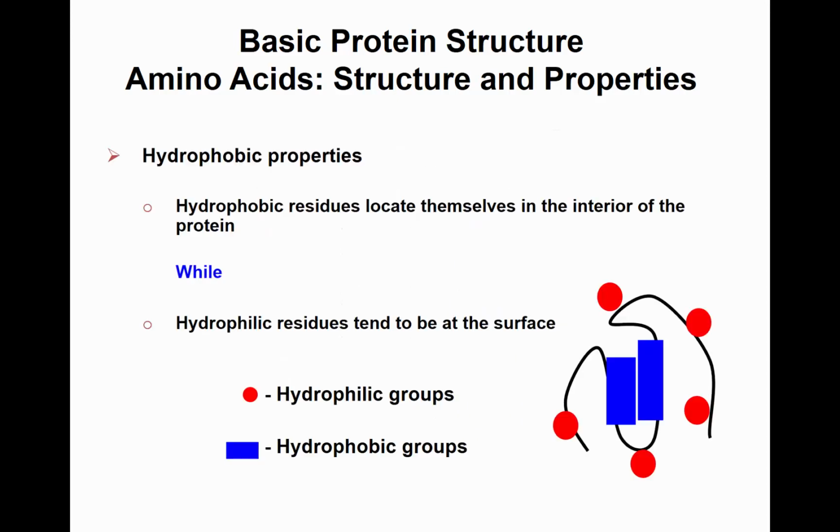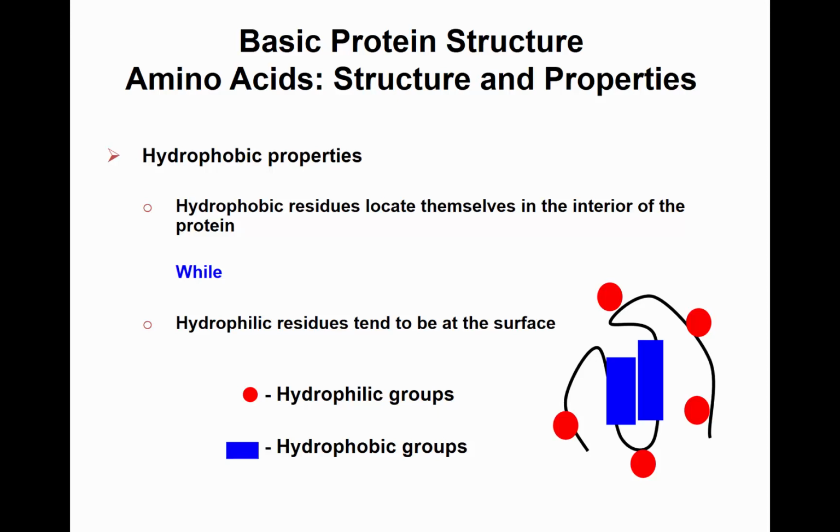Okay. So we talked about acid-base. Let's talk about hydrophobic properties of amino acids. Hydrophobic properties of amino acids are very important for the formation of secondary structure. They are the driving force of the formation of secondary structure. So why is that?